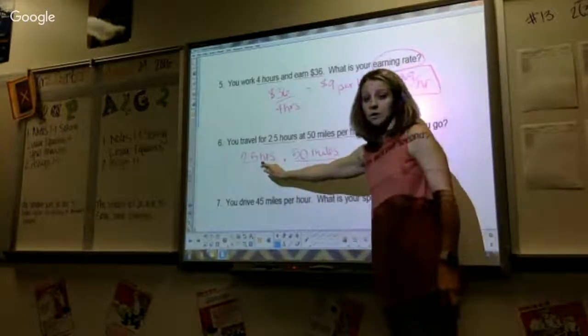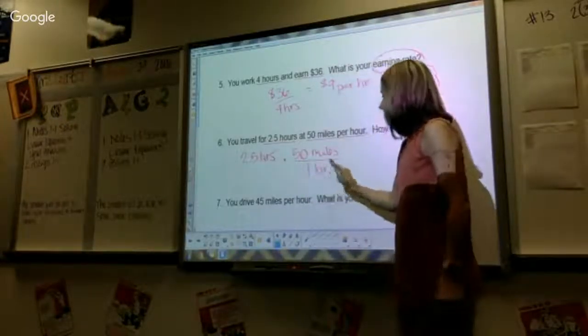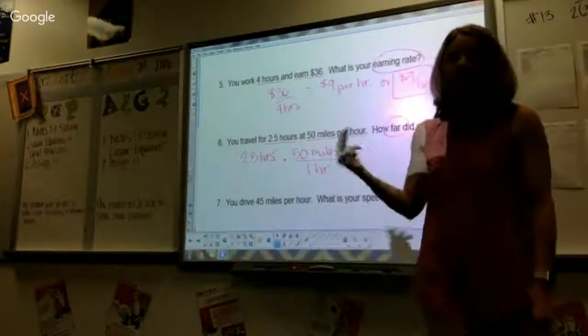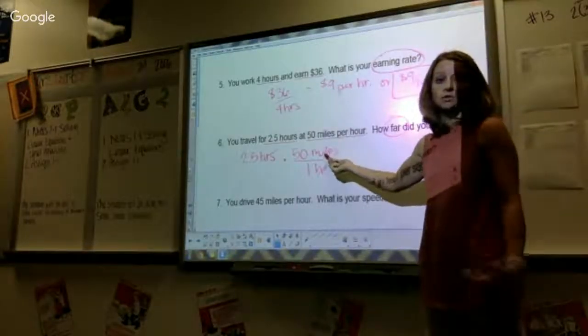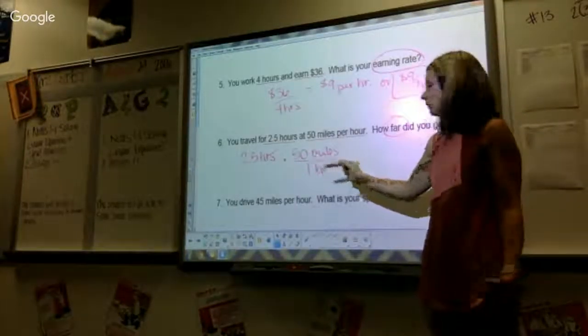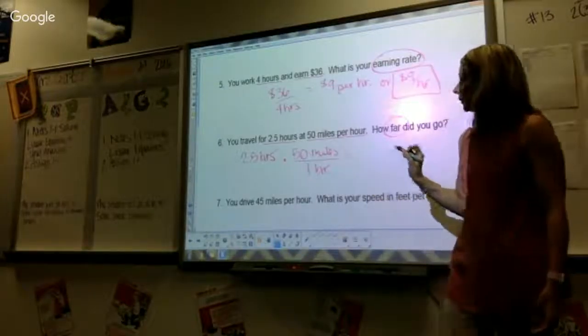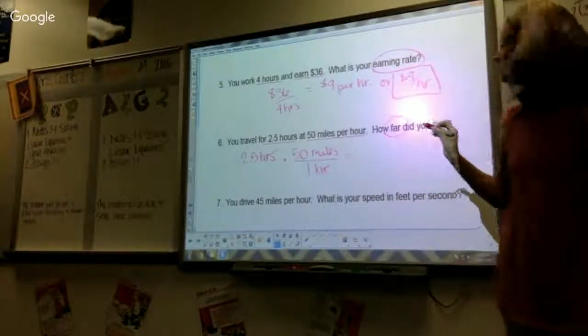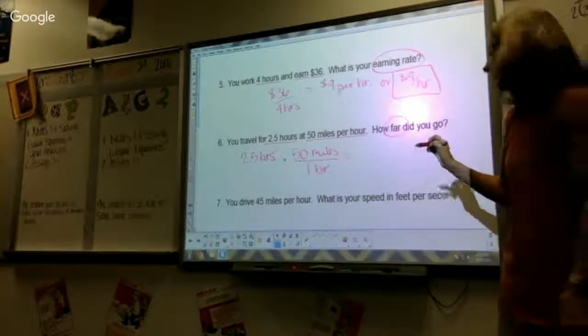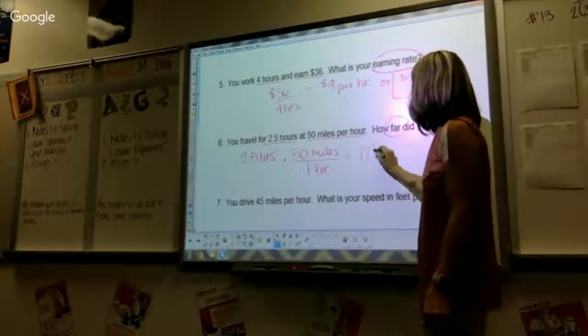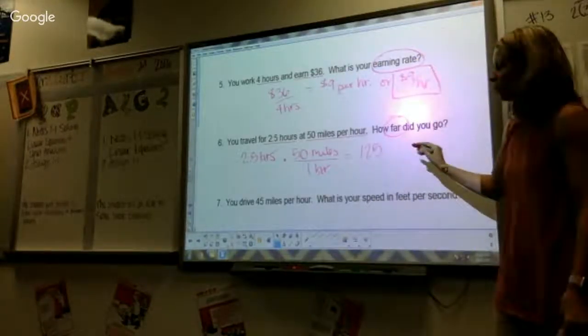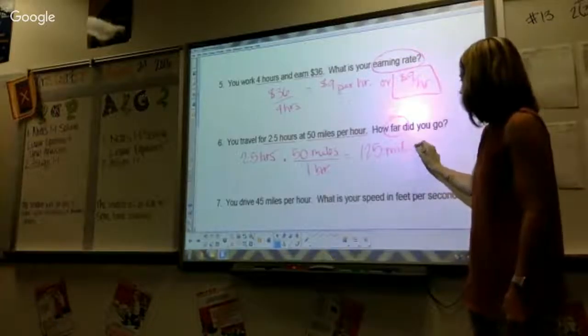We talked about them reducing on the front. You can reduce diagonally. So those hours cancel, which means we're left with just miles, which we said at the beginning, that's what we were trying to find. So I'm going to be multiplying 2.5 times 50, which would give us 125 miles.